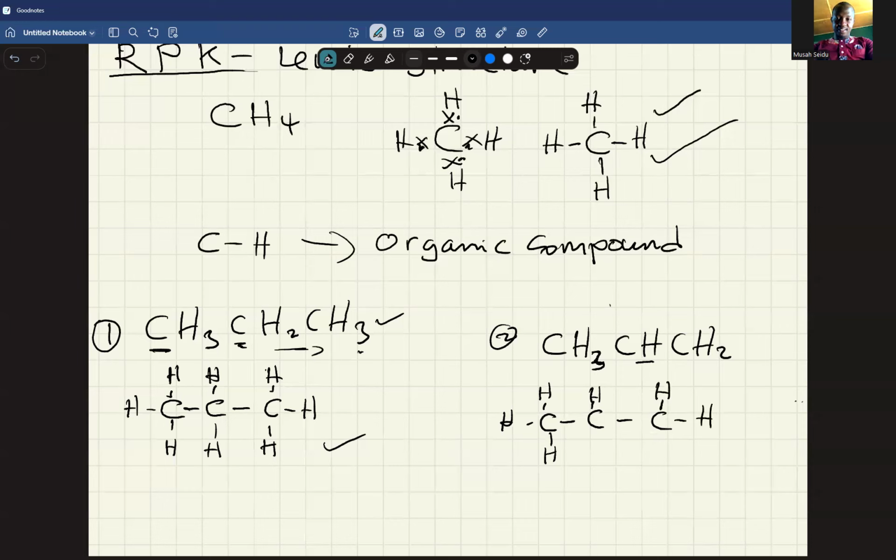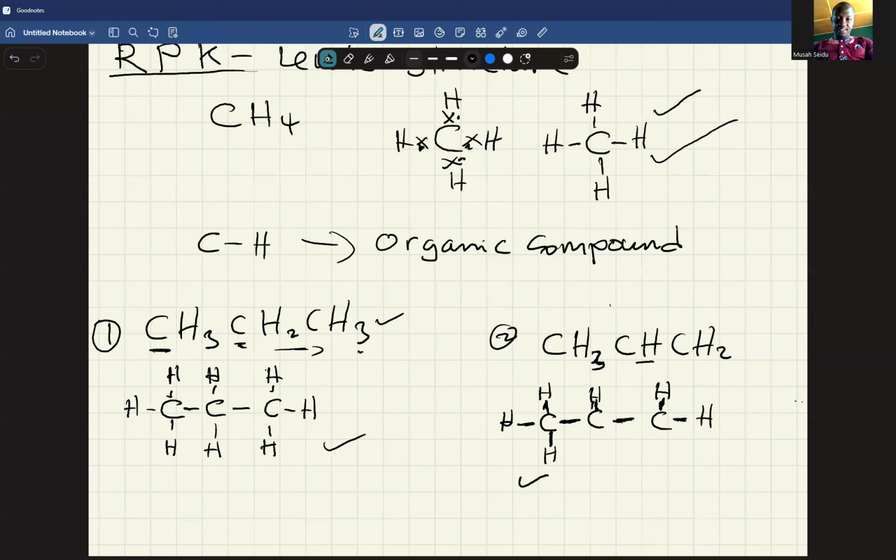So I can put it on top or at the bottom. It doesn't matter where you put it. It's okay. Now, I'm done with this, but I know that the C can form the maximum of 4 bonds. So if I look at the first C here, it is okay because it has 1, 2, 3, 4 bonds. But if I look at the next C, it has 1, 2, 3 bonds. And the last C also has 3 bonds.